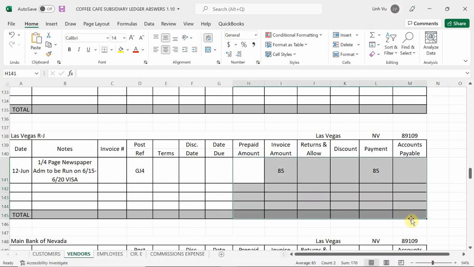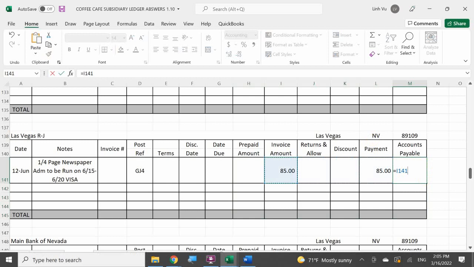So therefore, I need to run my formula once again, to equal my invoice amount minus any prepaid, minus any returns, minus any discounts, and minus any payments. There you go. I owe Las Vegas RJ nothing, but they owe me service to run my newspaper ad from June 15 to June 20th.